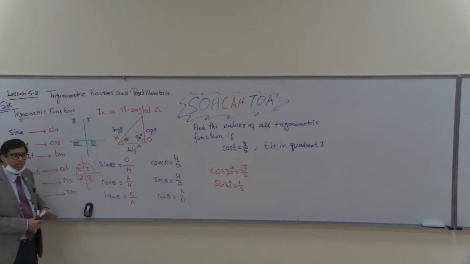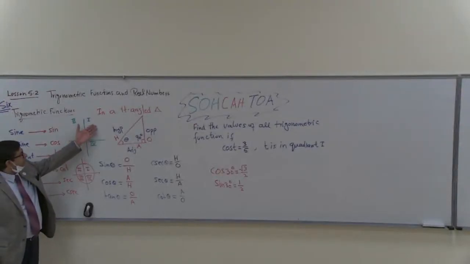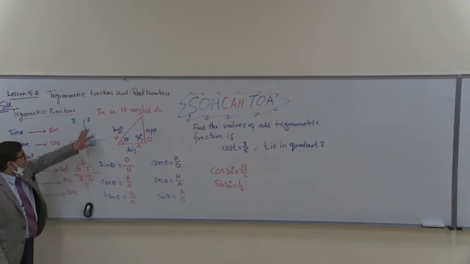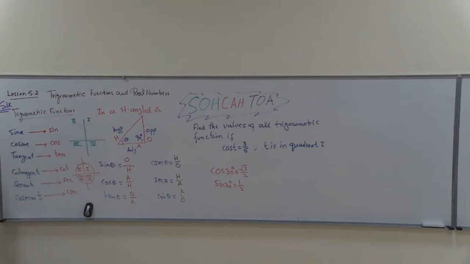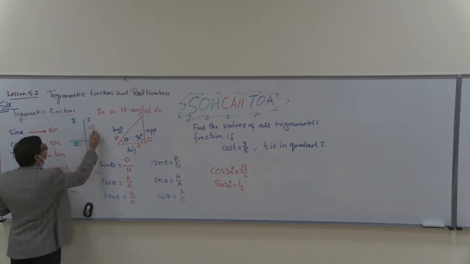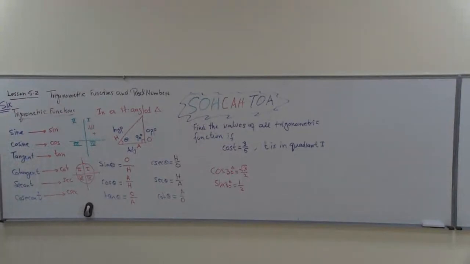How many trigonometric functions do we have? 6. All 6 trigonometric functions have their signs, I mean their status. How many functions are positive in this quadrant? All 6. So we say over here, all trigonometric functions are positive in the first quadrant. What is the status in the second quadrant?